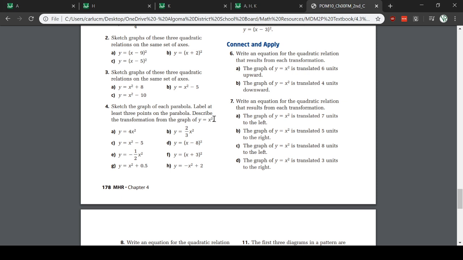Y equals 4. X is 1. Y, well, times 4, 1 and 4.